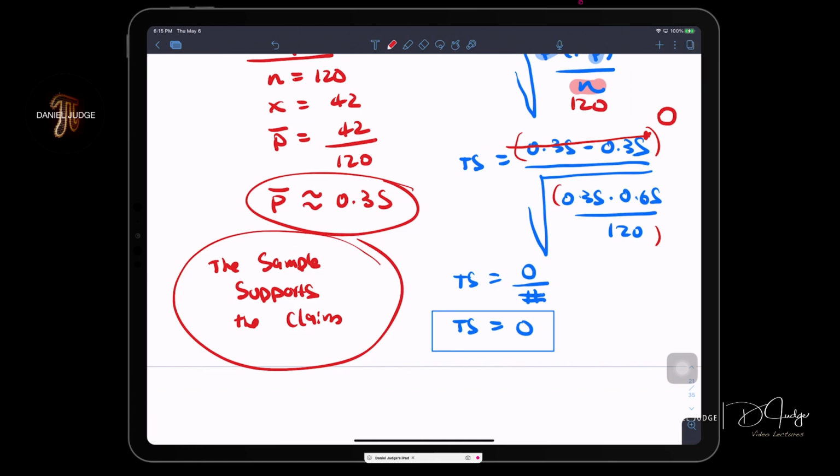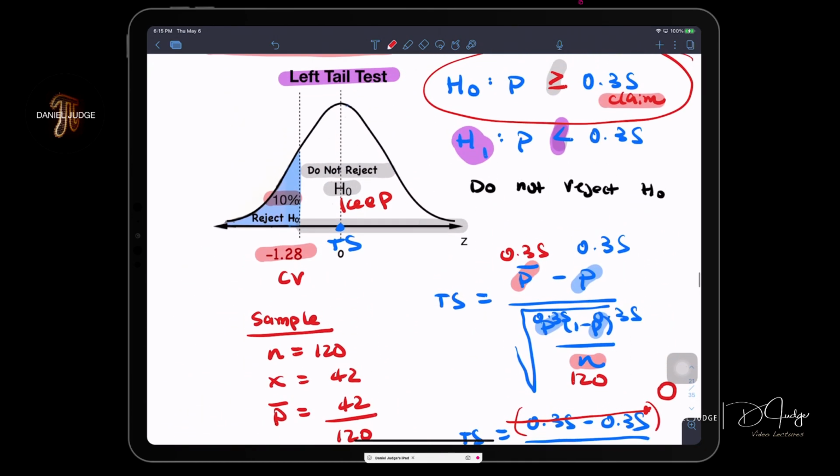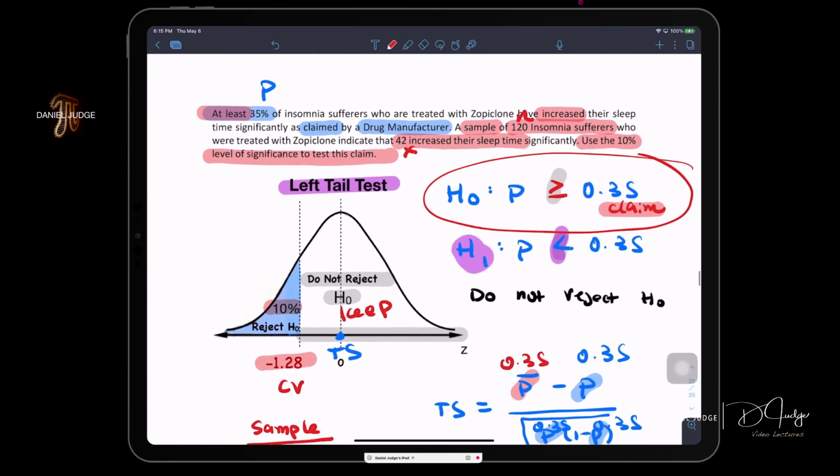I want to know either the sample supports the claim or the sample does not support the claim. That is your conclusion. So typically on a test, here's what I ask. Question 1, what's the claim? Question 2, what are the critical values?